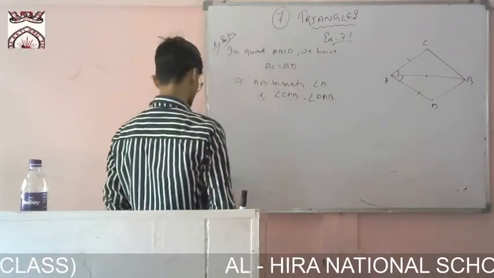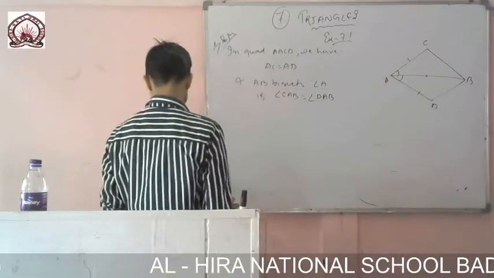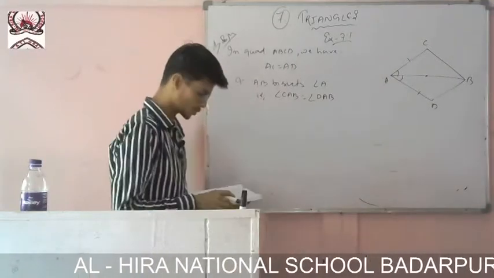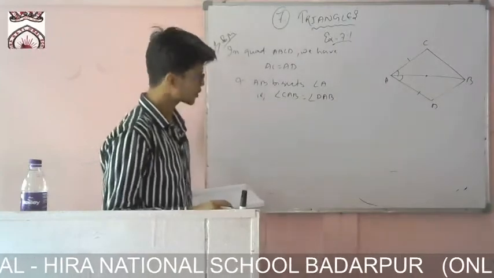Okay, now let us go to find. The question is to show that triangle ABC is congruent to triangle ABD.